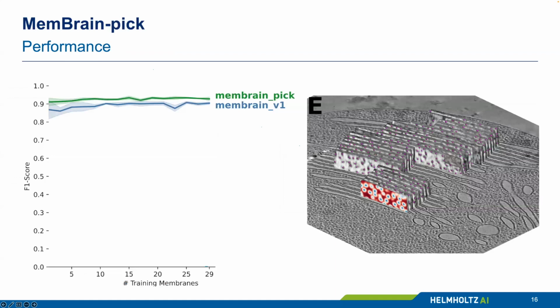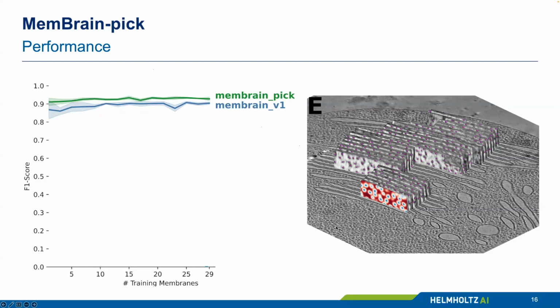So here's just a short glimpse in how it worked. We tried to evaluate how good the performance is when we trained both membrane V1 and MembranePick with a different number of training membranes. And it's nice to see that MembranePick already outperforms membrane V1 consistently, and it has this nice property of data efficiency again, where even with a single training membrane we get a reasonable performance out of it.